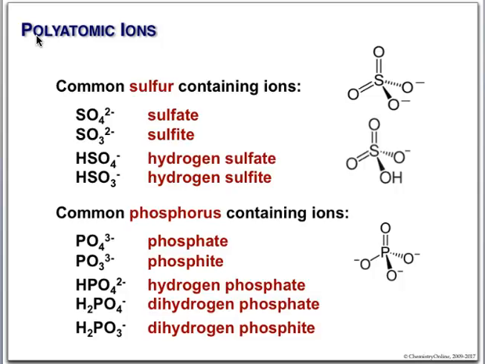We get hydrogen phosphate if we put 1 on. If we put 2 on, we get dihydrogen phosphate. Once again, these are 2 separate words. I also stuck phosphite in here just to show you can do the same thing. We have 3 negatives, stick on 2 hydrogens, left with 1 negative here, dihydrogen phosphite.